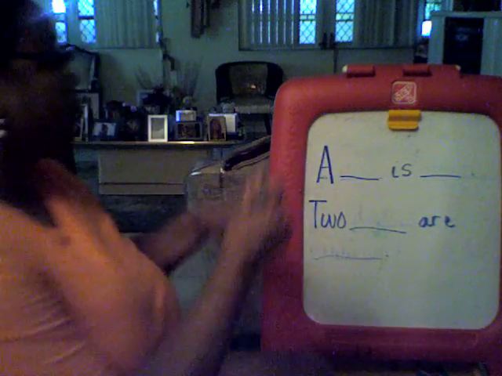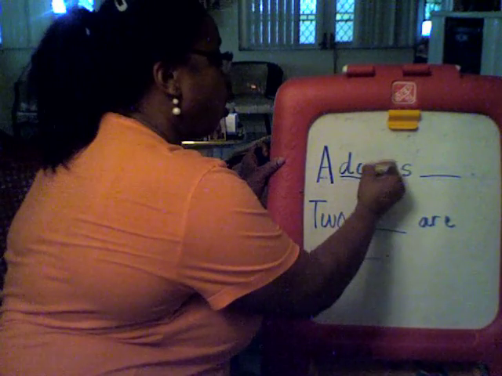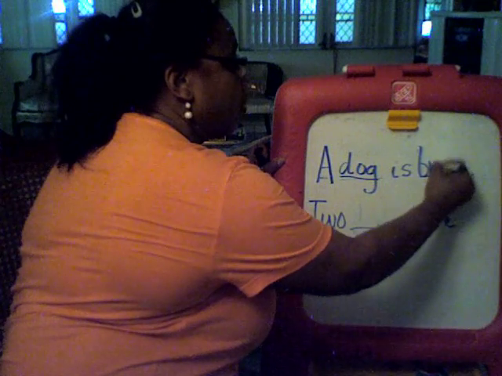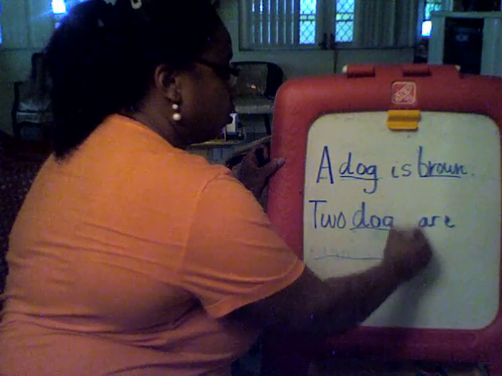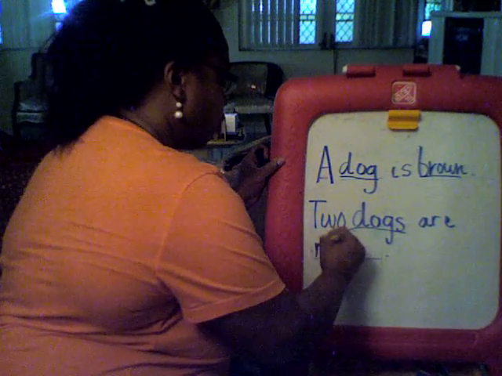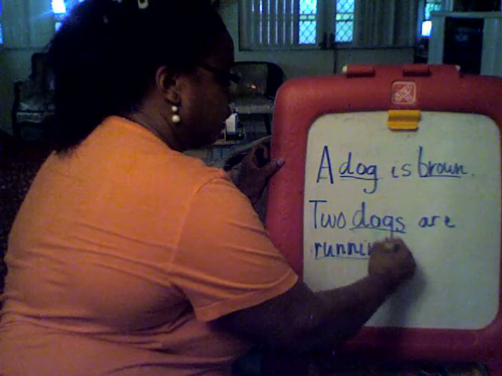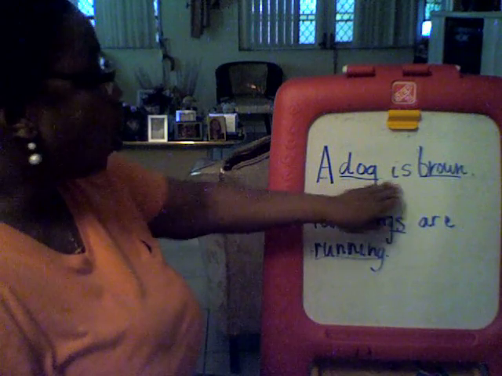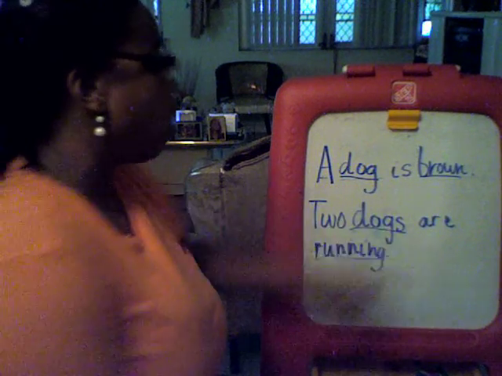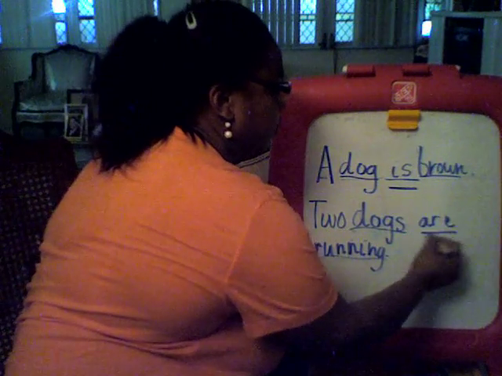Let me give you an example. I could say a dog is brown. Two dogs are running. You see that? Dog is, dogs are. See how we use that?